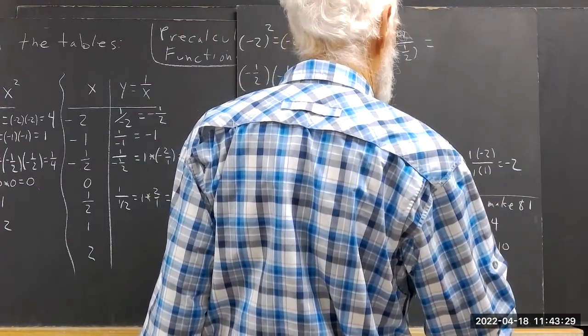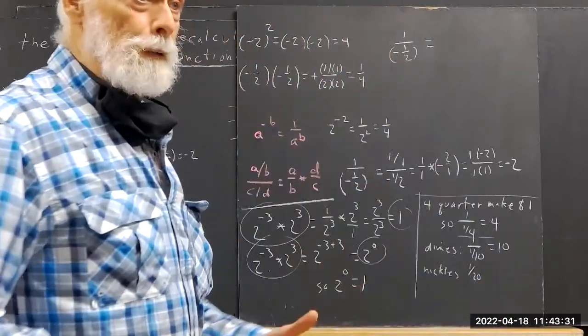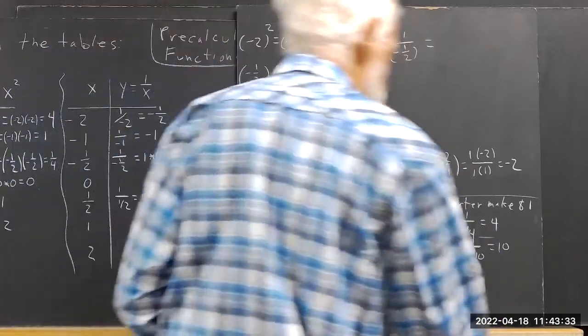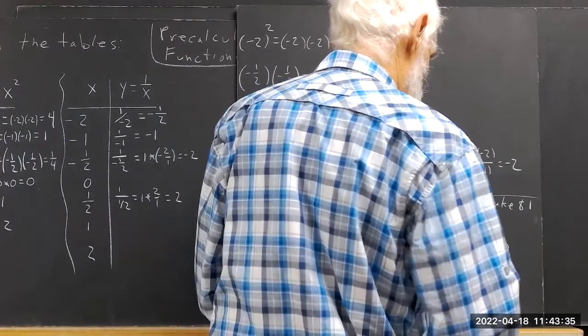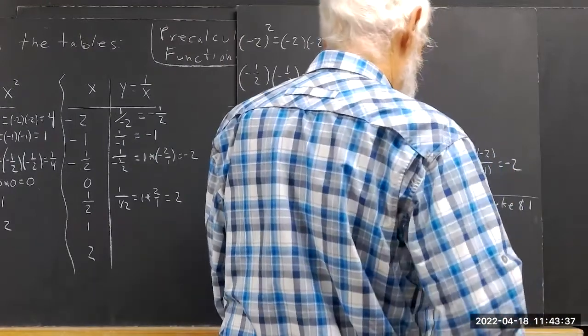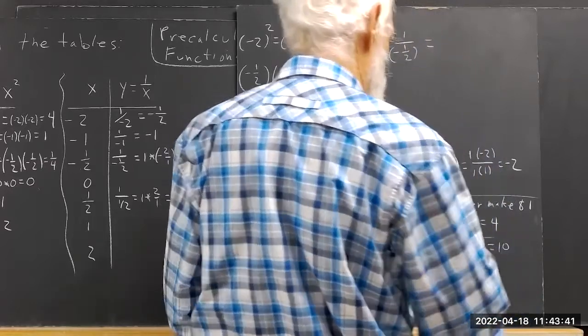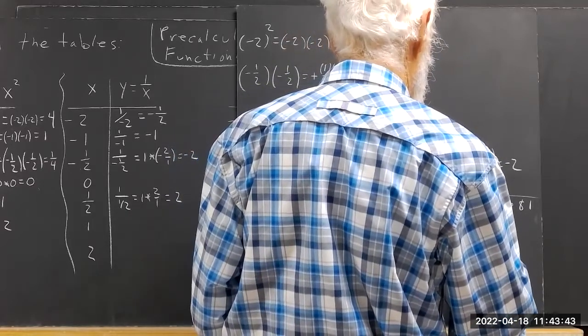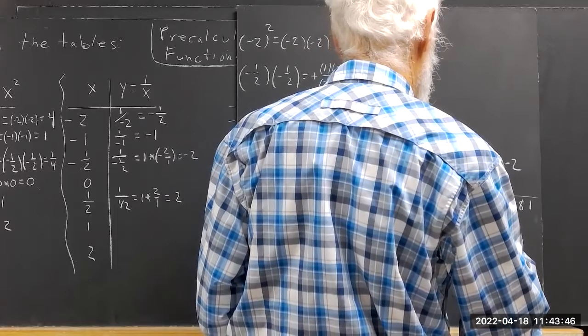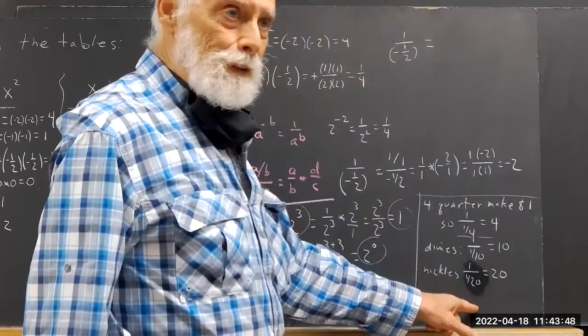Nickels, 1 divided by 1/20, because it takes 20 nickels to make $1. Little attention to detail here. It's obvious.